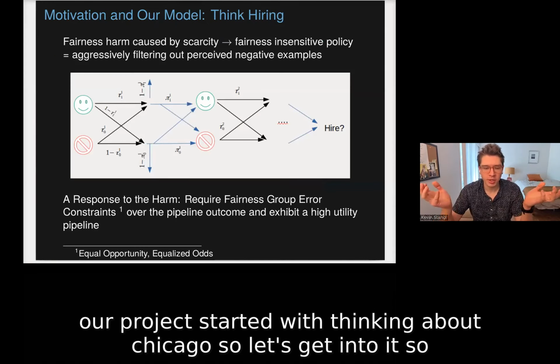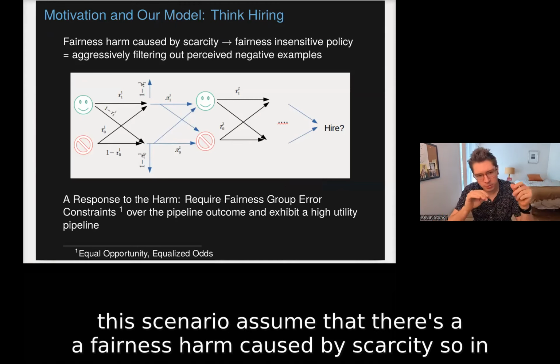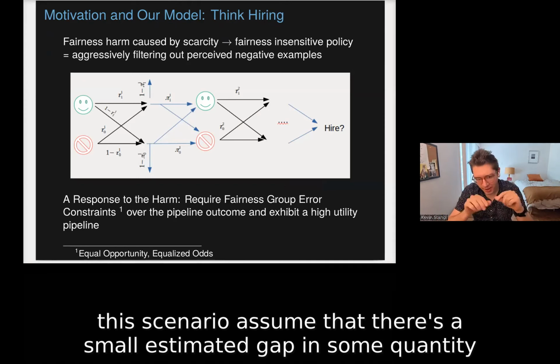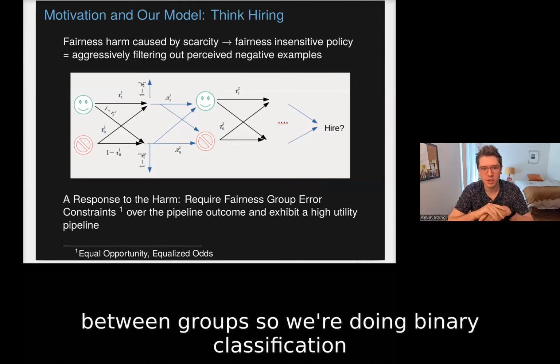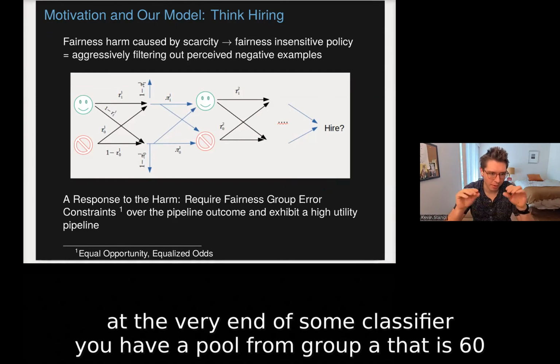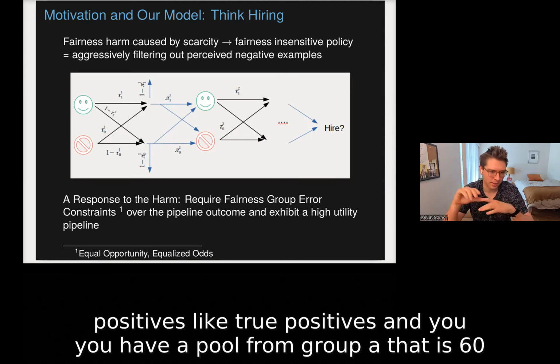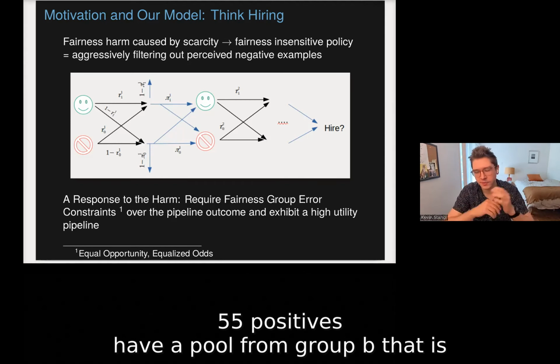So our project started with thinking about a fairness harm caused by scarcity. In this scenario, assume that there's a small estimated gap in some quantity between groups. If we're doing binary classification, at the very end of some classifier, you have a pool from group A that is 60% true positives, and a pool from group B that is 55% positives.